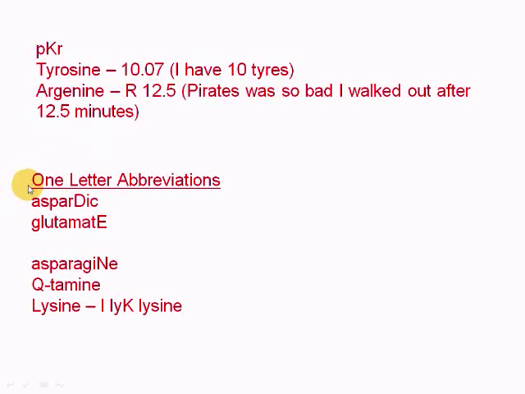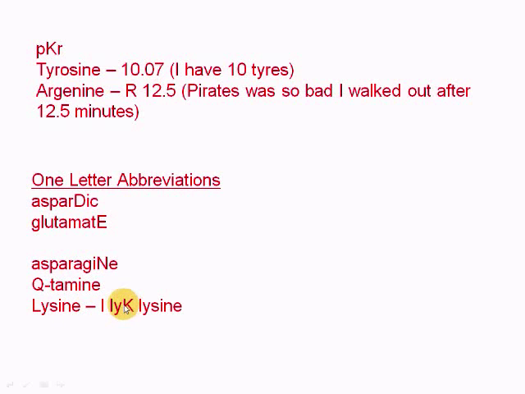And then let's see, for the 1-letter abbreviations, aspartic acid, glutamate is E, asparagine is N, glutamine, just think cutamine, and then lysine, think I like lysine.